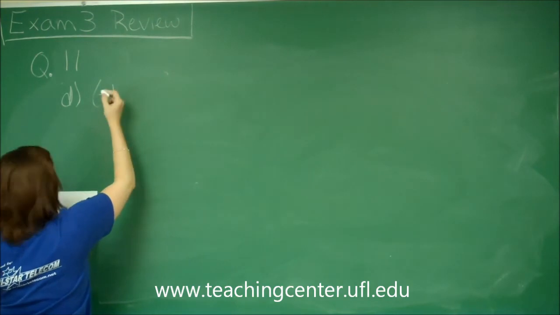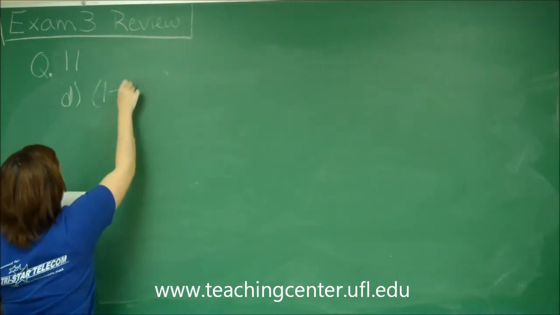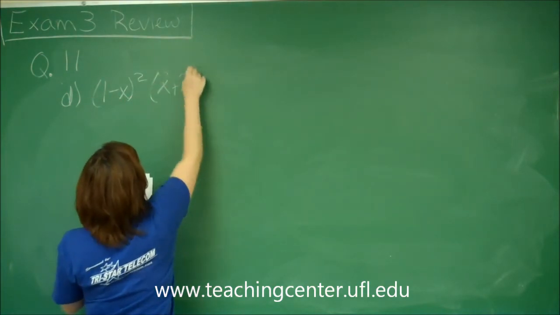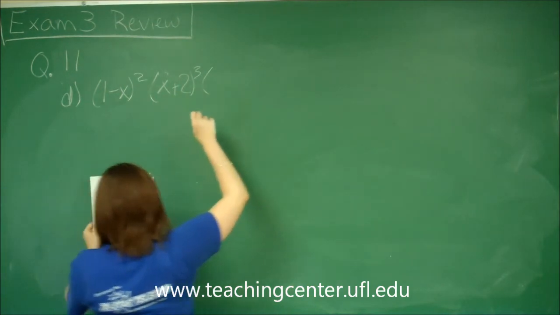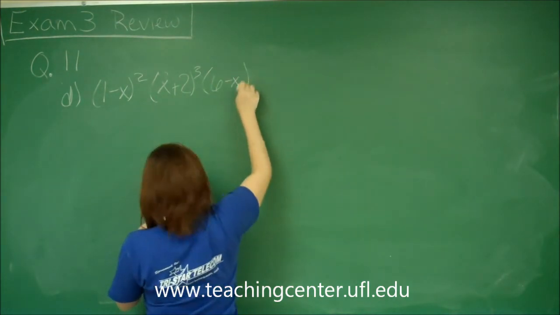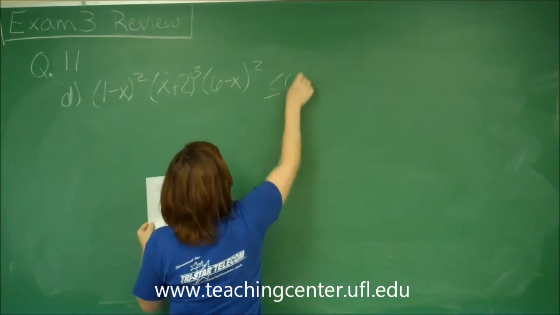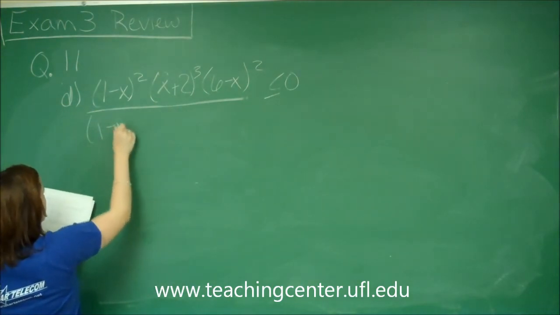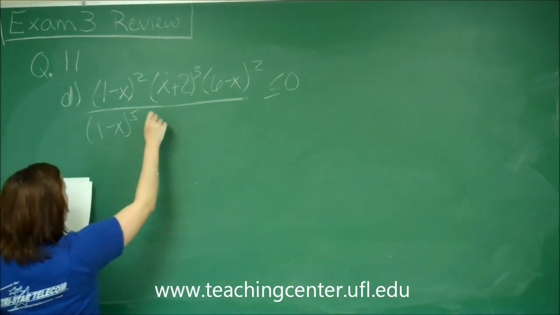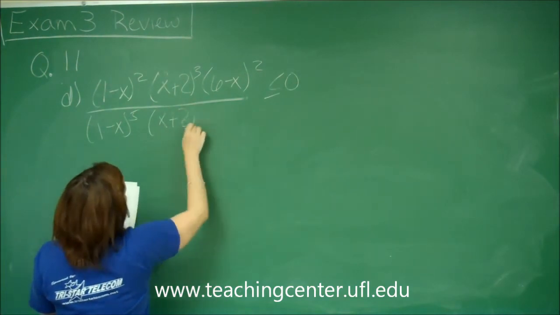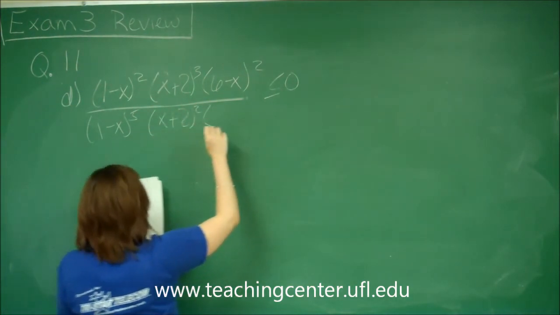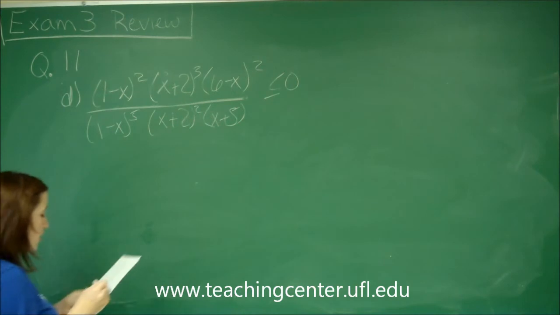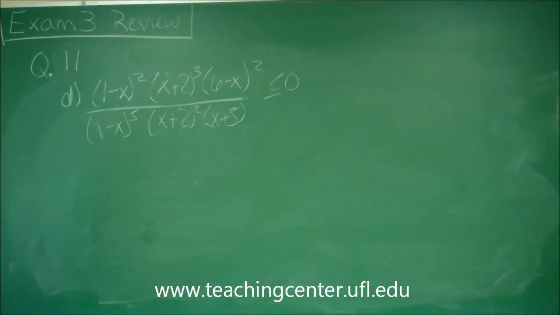It's negative 1 minus x quantity squared times x plus 2 quantity cubed plus 6 minus x quantity squared, all over 1 minus x quantity to the 5th, x plus 2 quantity squared, and x plus 5 to the 1. So, what we're going to do first is simplify.